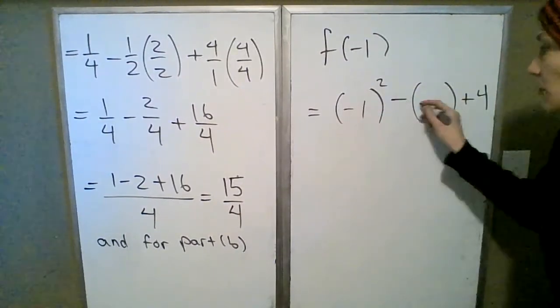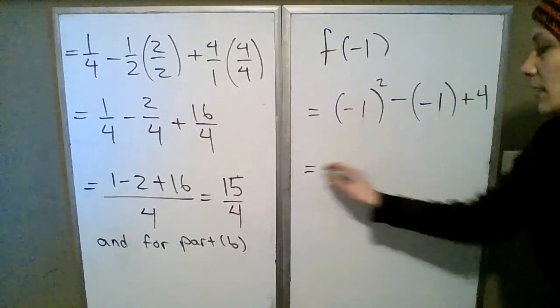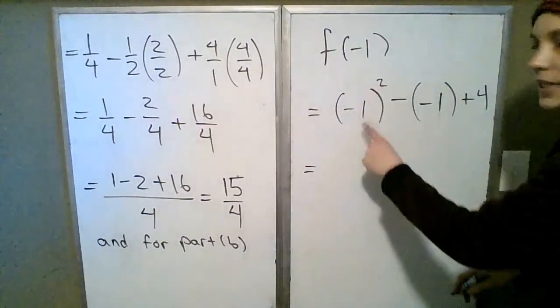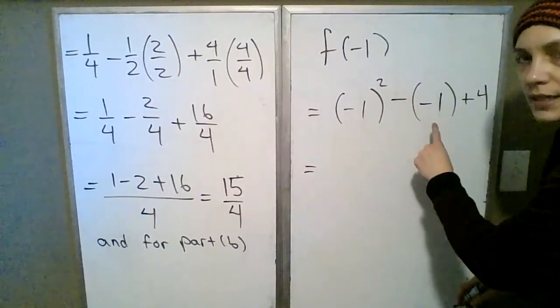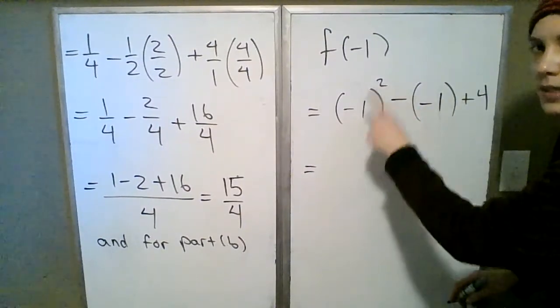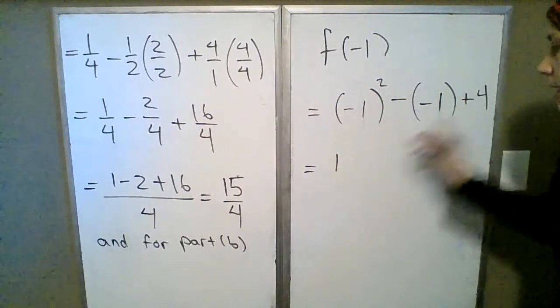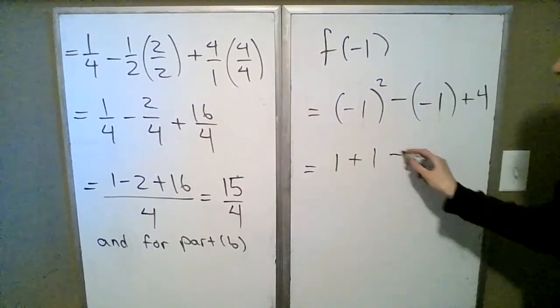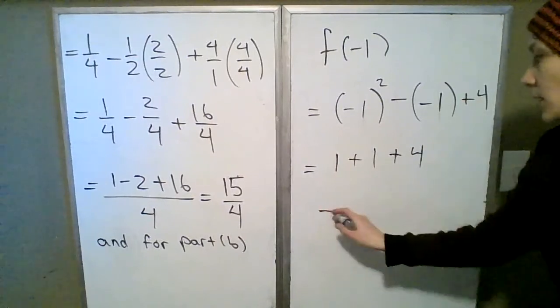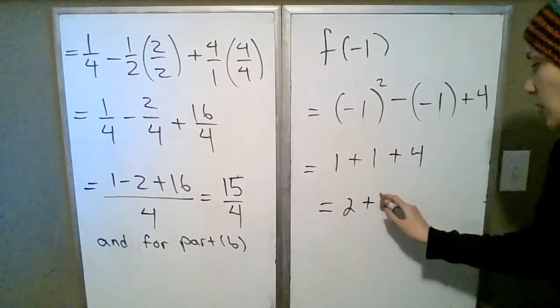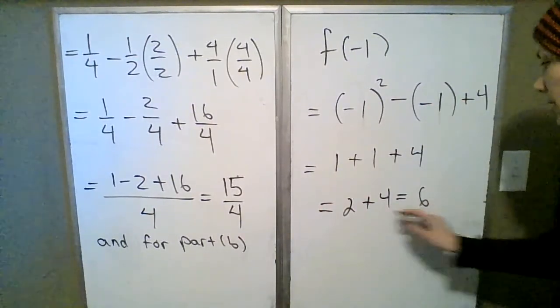This input is negative 1. So f of negative 1 is negative 1 squared minus negative 1 plus 4. Negative 1 squared is 1. Add 1. Add 4. So 2 plus 4, which is 6.